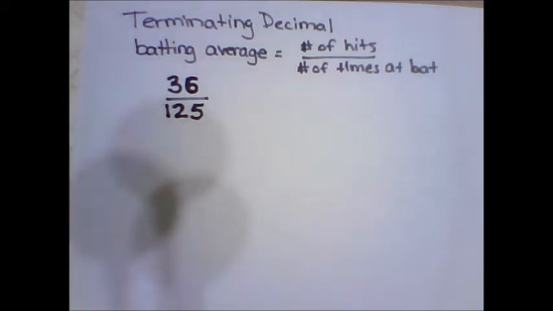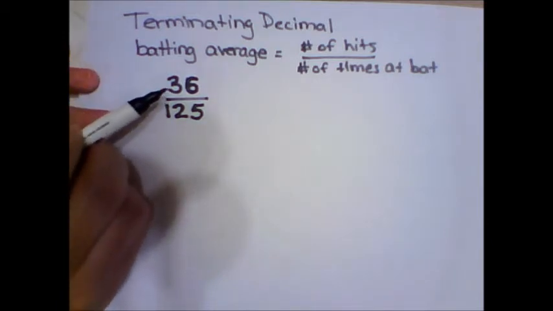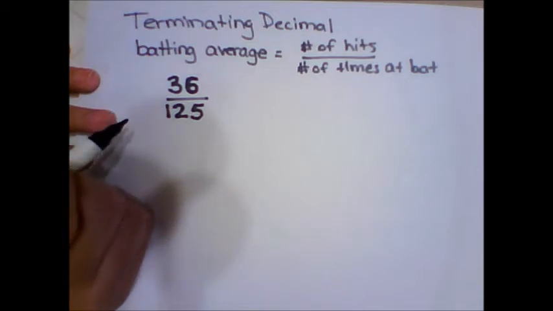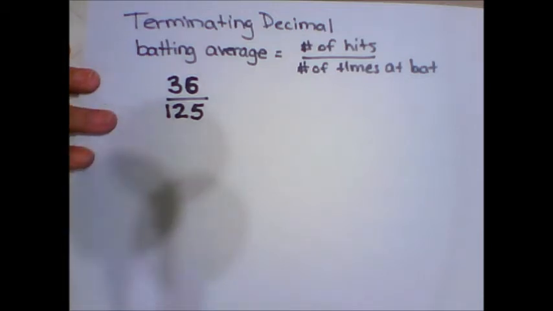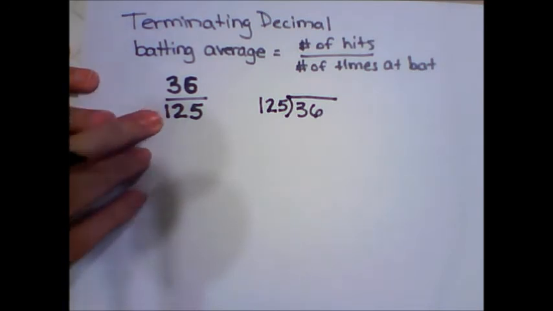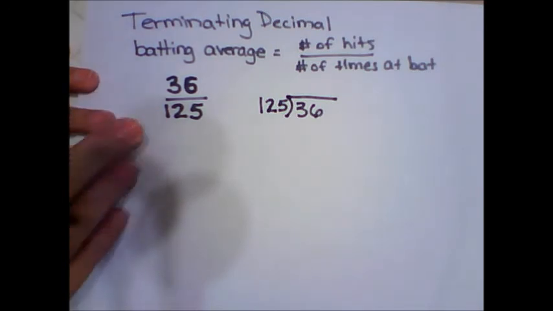Now we look at that and think, a lot of fractions are rational numbers, but we have to make sure that this decimal turns out to be terminating or repeating for it to be a rational number. We read this problem as 36 divided by 125. Let's put it in a long division problem. The dividend is the numerator, the divisor is the denominator.